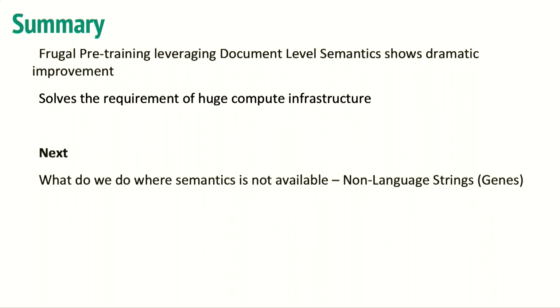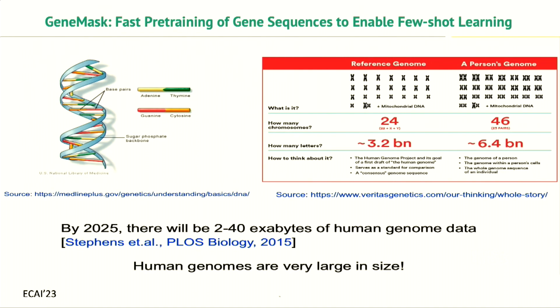We are leveraging the semantics that fox is a word. That is a world knowledge which we are actually using. What happens if we don't know that fox is a word? What will we do? And this specific problem comes when we talk about genes.